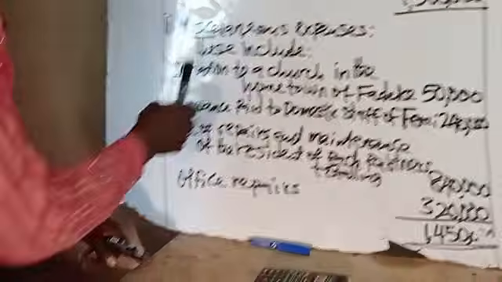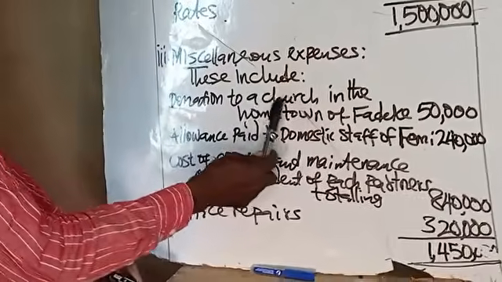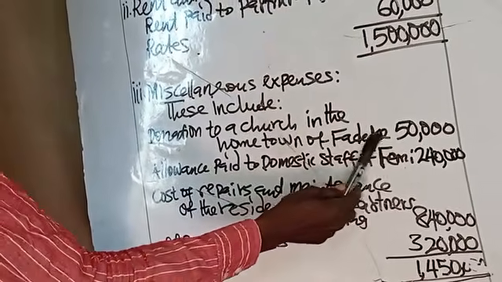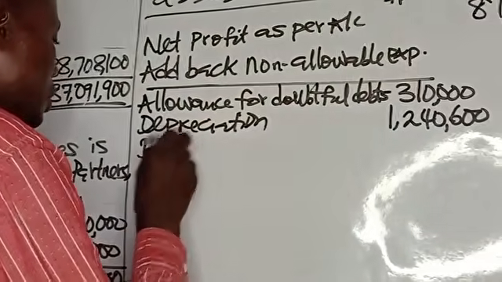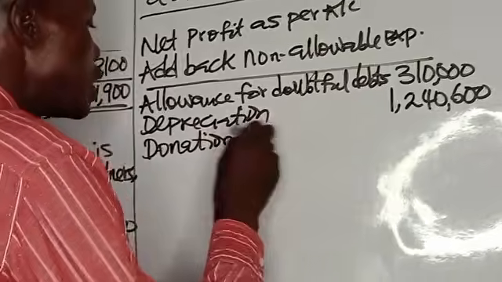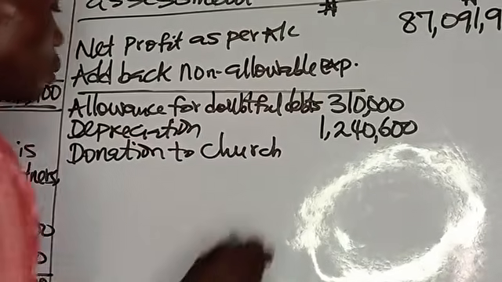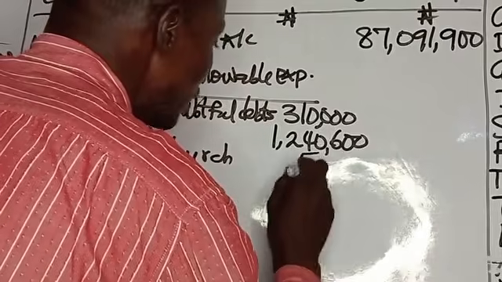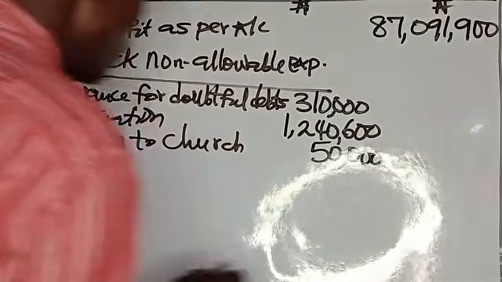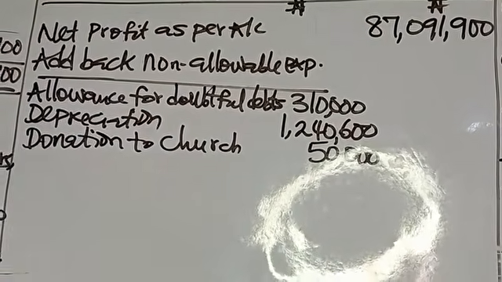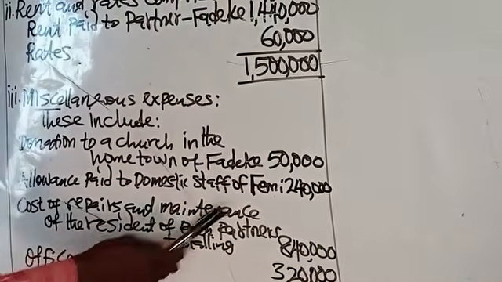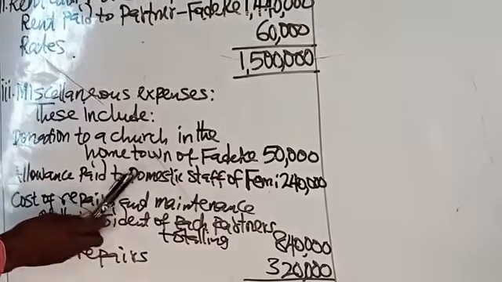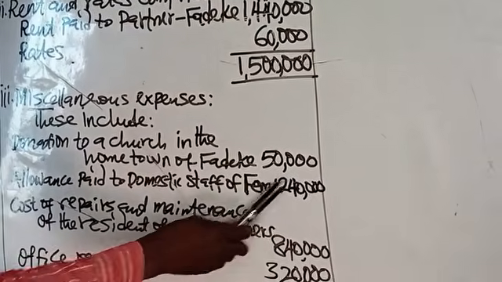Rate is allowable. Then 3. Miscellaneous expenses. This includes donation to a church in the hometown of Fadike, 50,000. Donation to church is not allowable. So we have donation to church in hometown of Fadike that amounted to 50,000 naira. Then we also have allowance paid to domestic staff of Femi, 240,000.